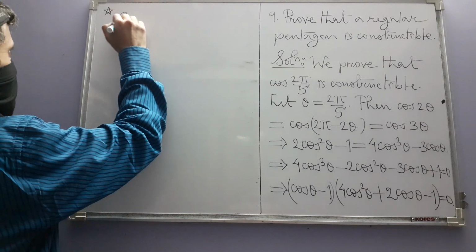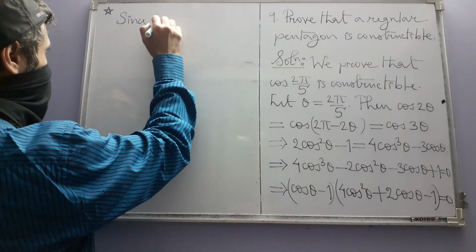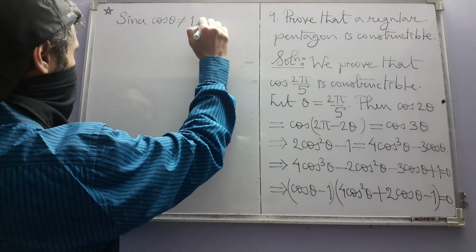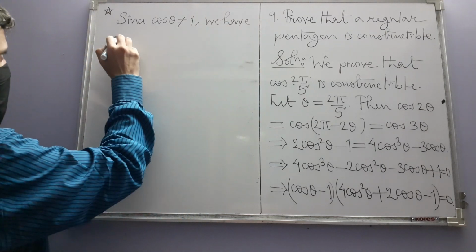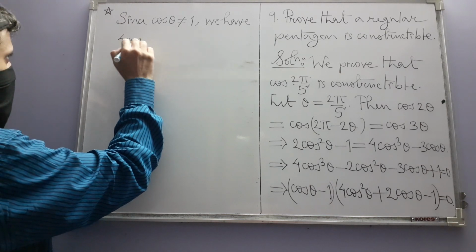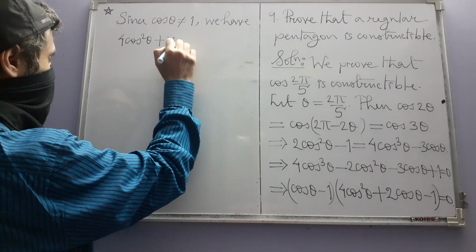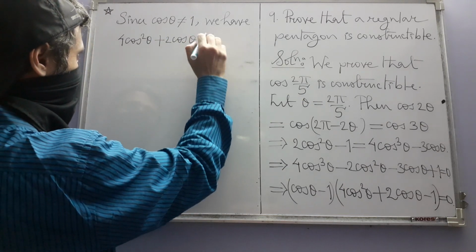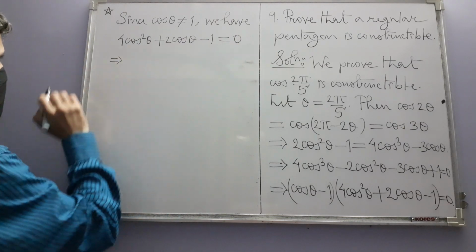Since cos theta is not equal to 1, we have from the above equation 4 cos square theta plus 2 cos theta minus 1 equal to 0.